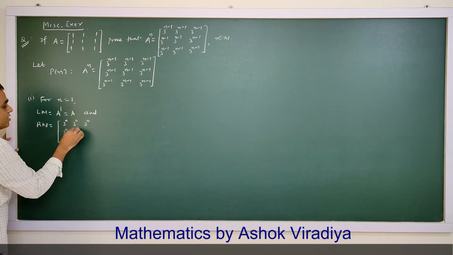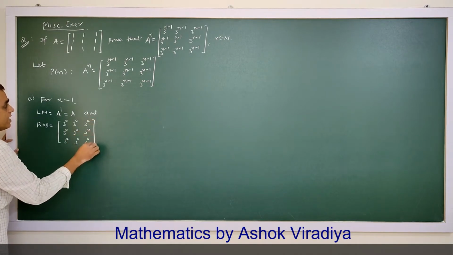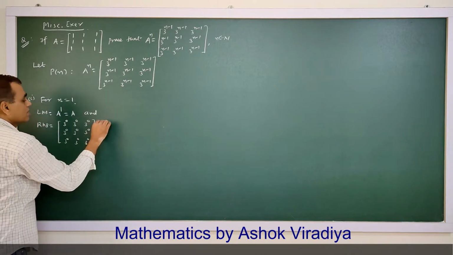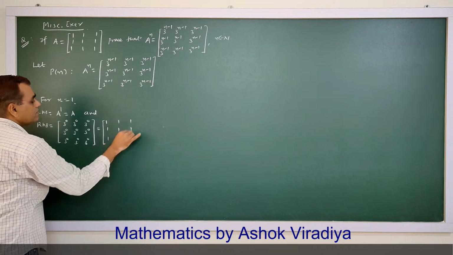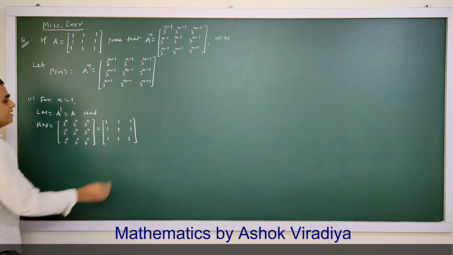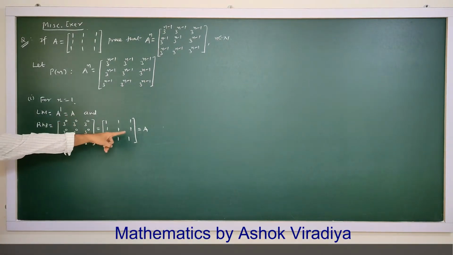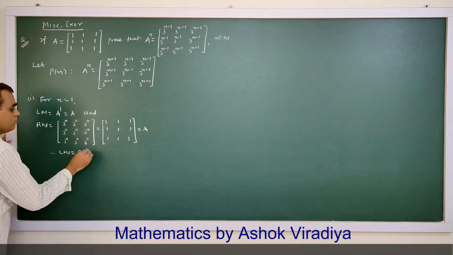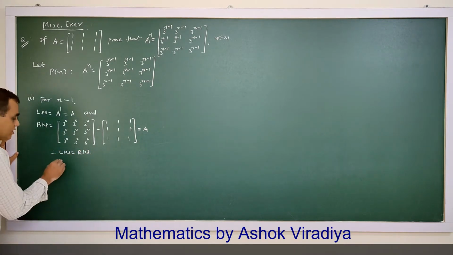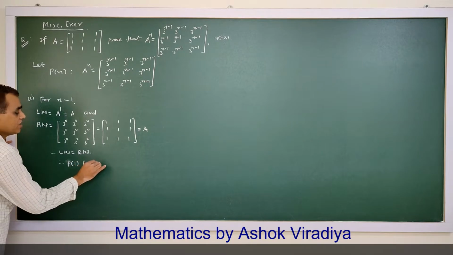All entries are 3 raised to 0, so it is 1, 1, 1, 1, 1, 1, and it is A. So LHS is equal to RHS. Therefore the statement is true for n equal to 1. So P of 1 is true.